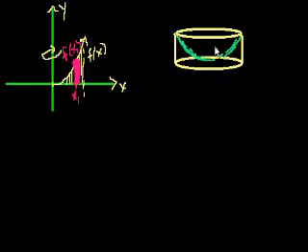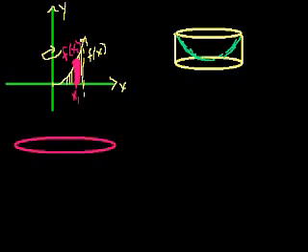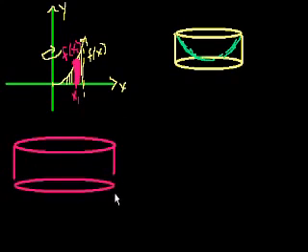Let's see how well I can draw it. It's going to look not too different than that, but I want to draw it well, because the intuition is the most important thing, not getting the problem right. Let me see if I can draw this respectably. Then we're going to have the bottom of the shell. Looks like that. Let me finish these lines up. I think you get the point.